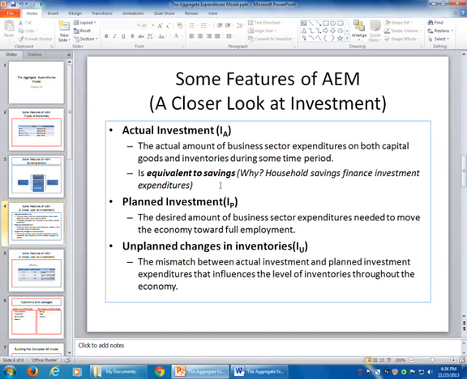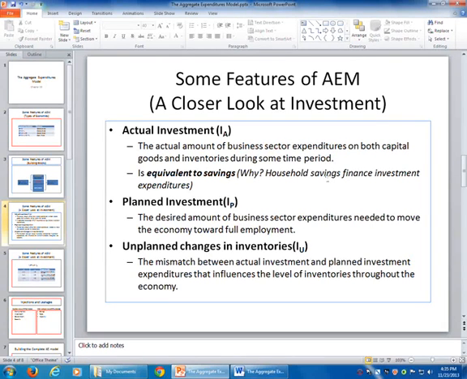Now in this model, to know actual investment is to know savings. Because actual investment is how much businesses are going to spend on capital goods and inventories, it begs the question: where are they going to get the funding to incur those expenditures? As we saw in chapter 27, when households don't spend all of their income, the extra income goes into savings.